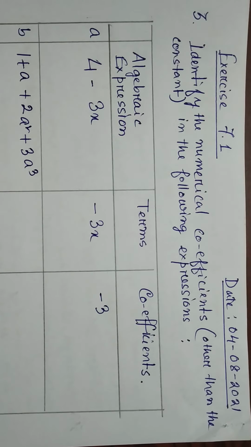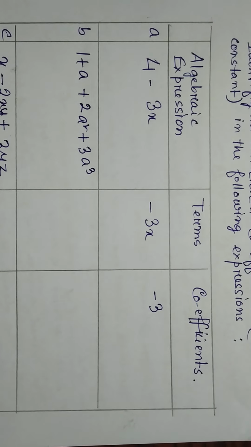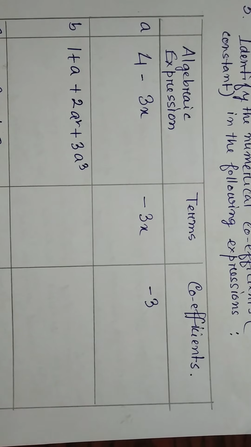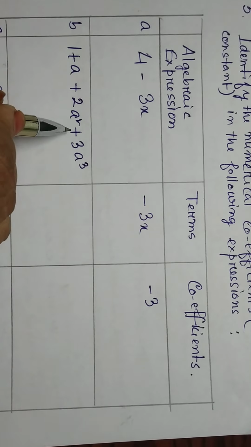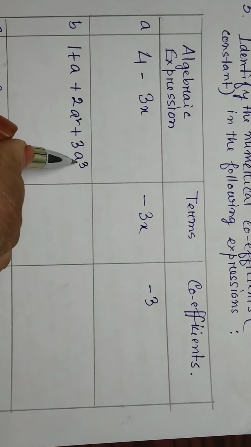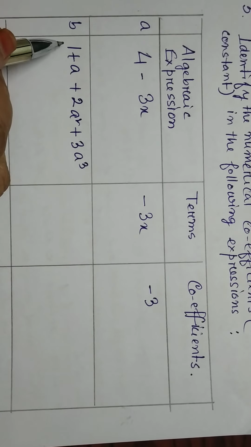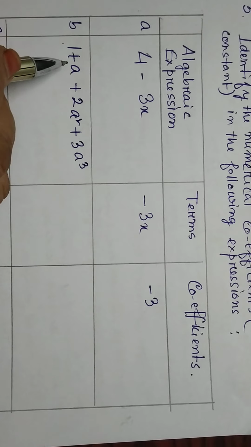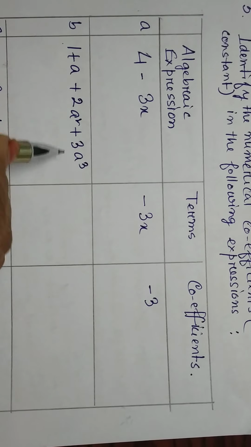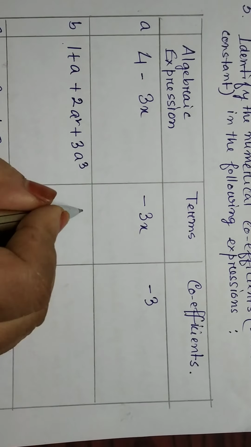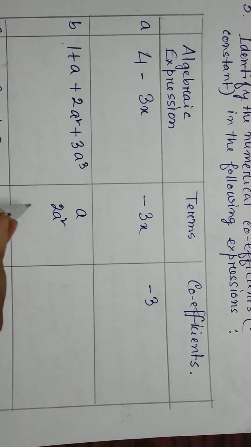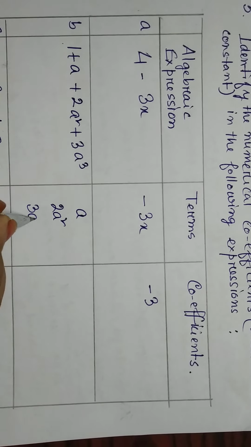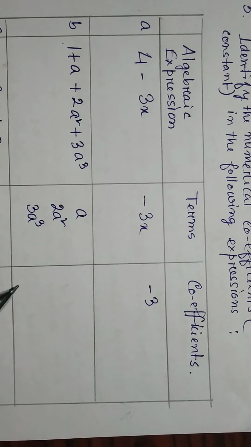Next, question number B. In question number B, the expression is 1 plus a plus twice a square plus 3a cube. Here also 1 is the constant, that's why we have to take these three terms of this expression. First term is a, second term is twice a square, third term is 3a cube.